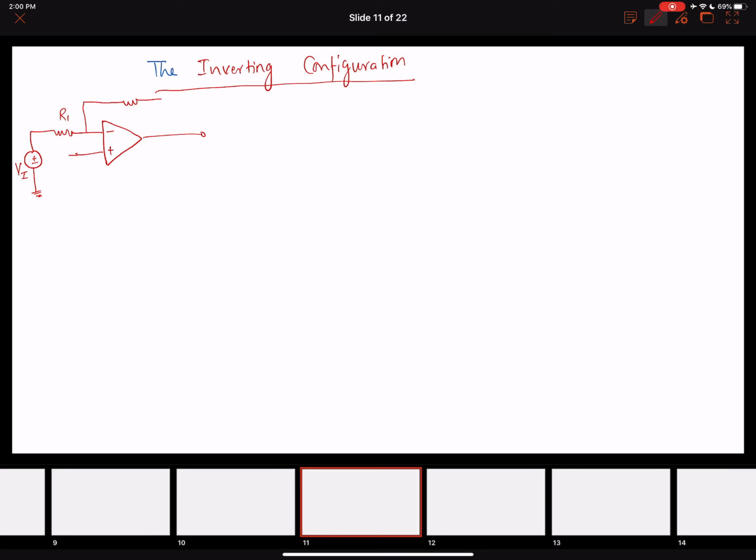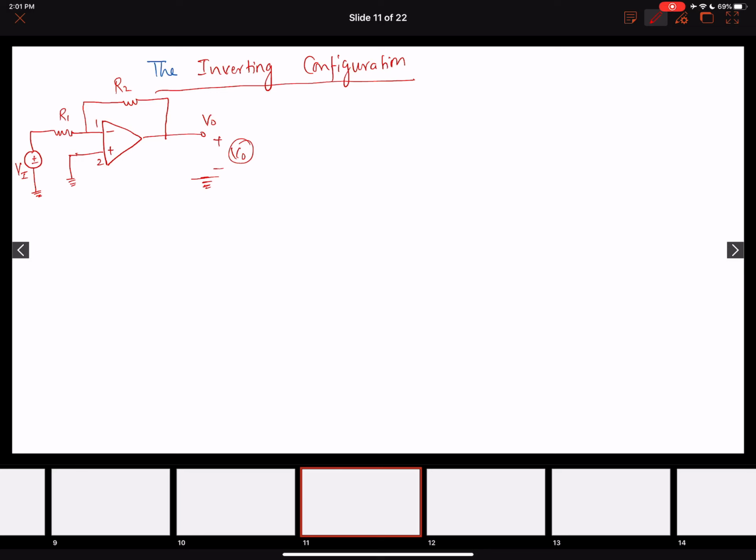I connect another resistance in the feedback from the output to the input 1, the resistor R2, and then I ground the second input terminal V2. So this is our grounded terminal, plus minus V naught here. Okay, so this is the configuration in which we can use our operational amplifier in the inverting configuration.